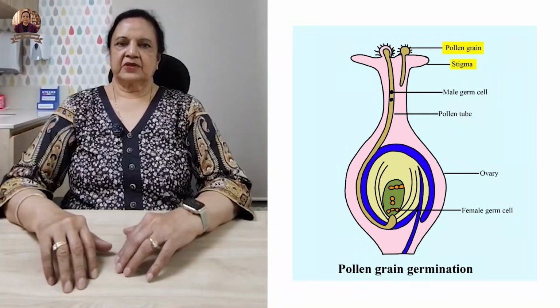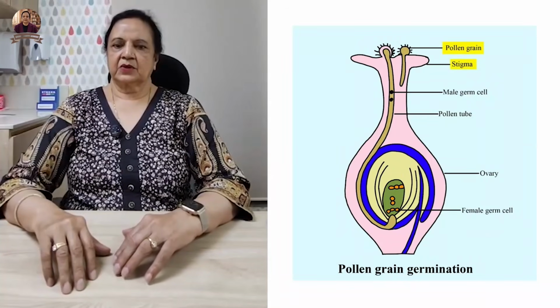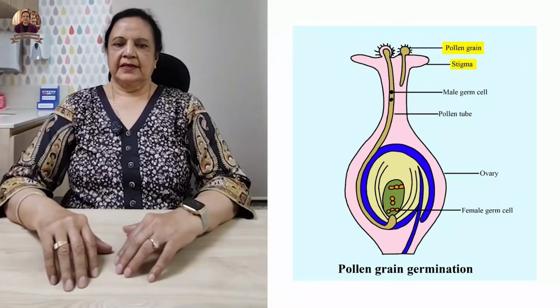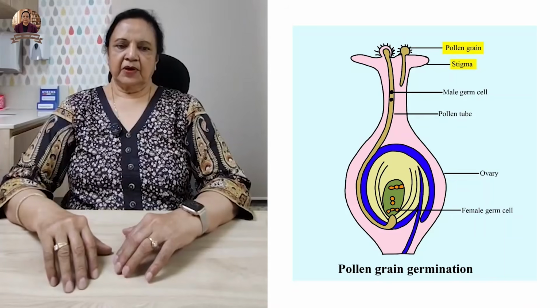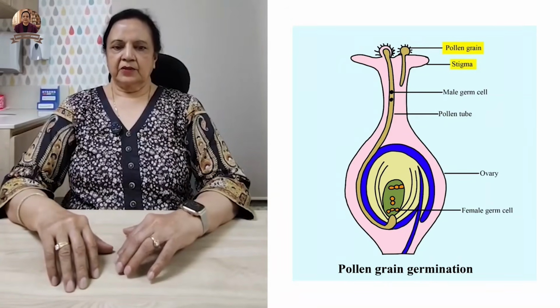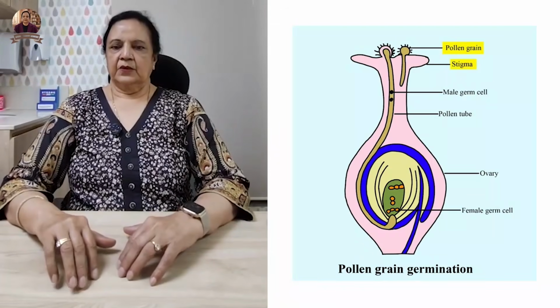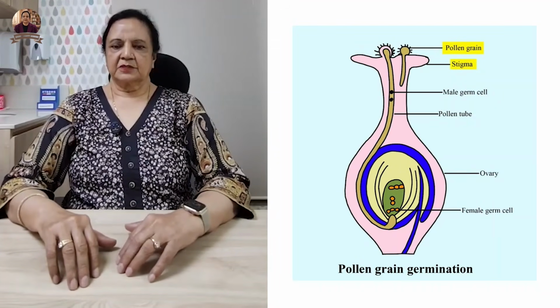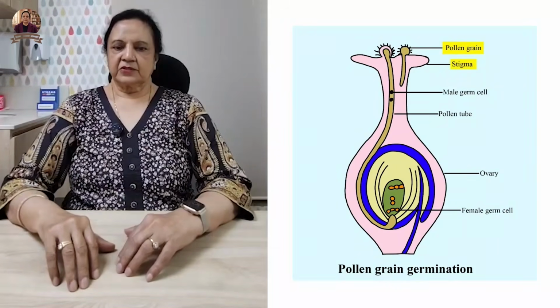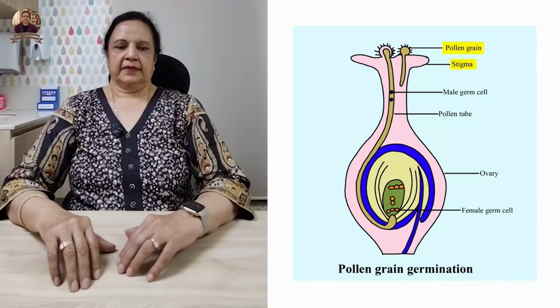This fusion of three haploid nuclei is called triple fusion, resulting in a triploid primary endosperm nucleus called PEN, which develops into the endosperm, a nutritive tissue for the embryo.